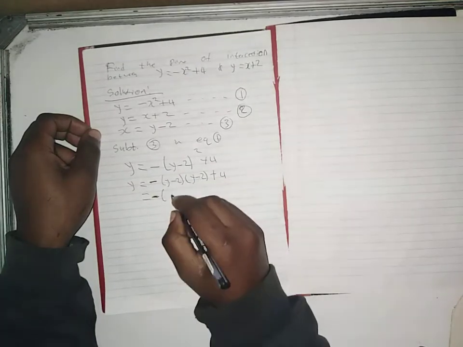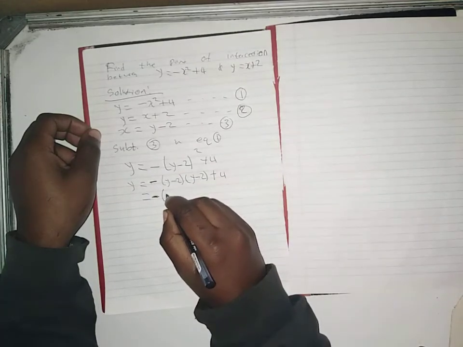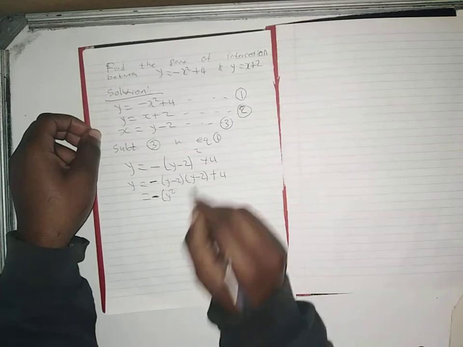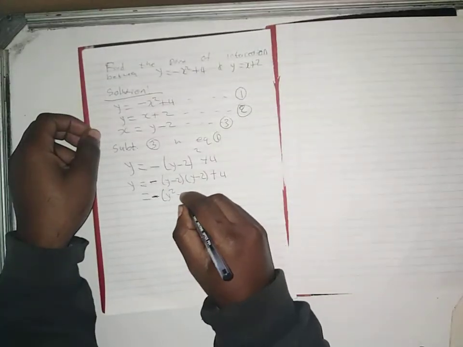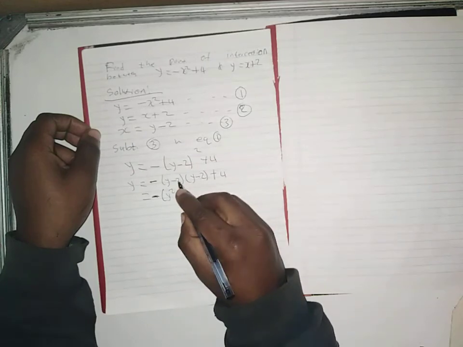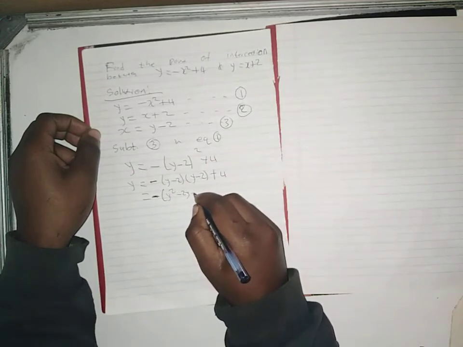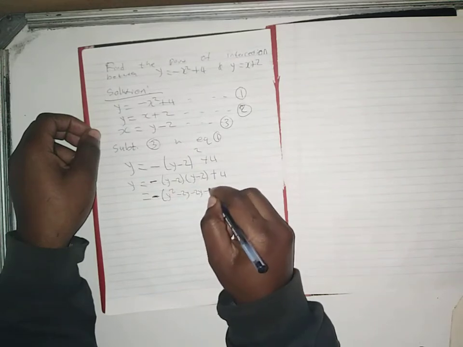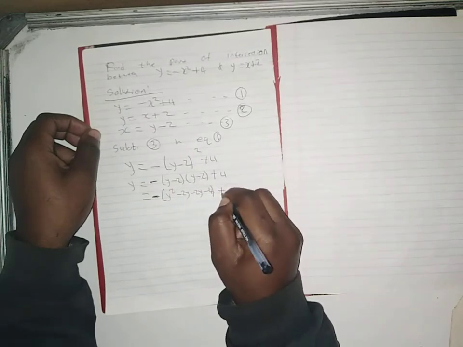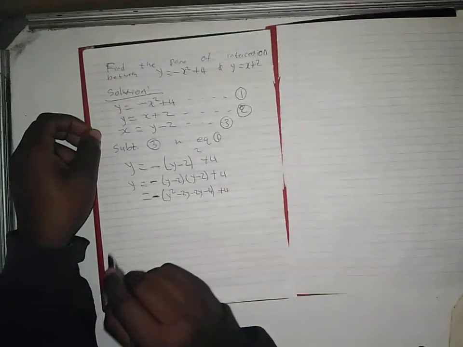y times y is going to be y squared. y times minus 2 is minus 2y. Then minus 2y again. And then minus 2 times minus 2 is going to be minus 4 and plus 4. Okay.